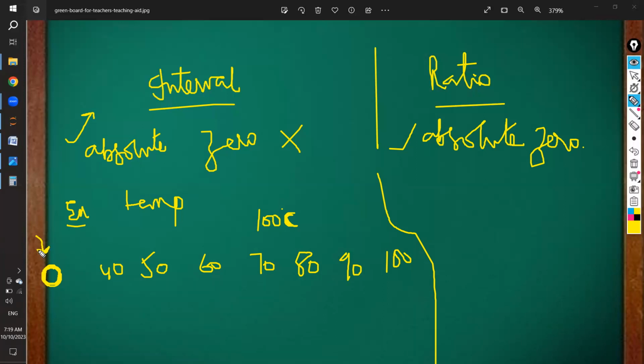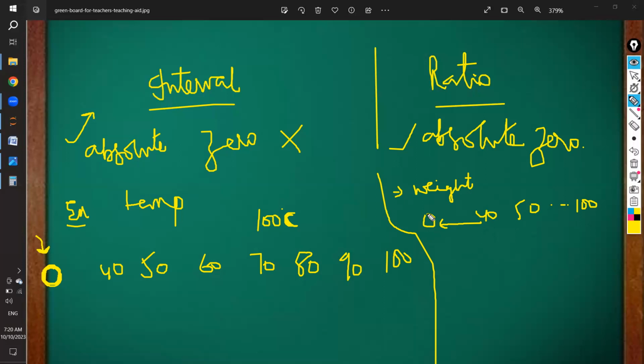For example, coming to ratio, if you are calculating weight, weight can also take any values like 40, 50, 60, and let's say 100. But if a particular object's weight or any person's weight is 0, obviously that means it is not existing.